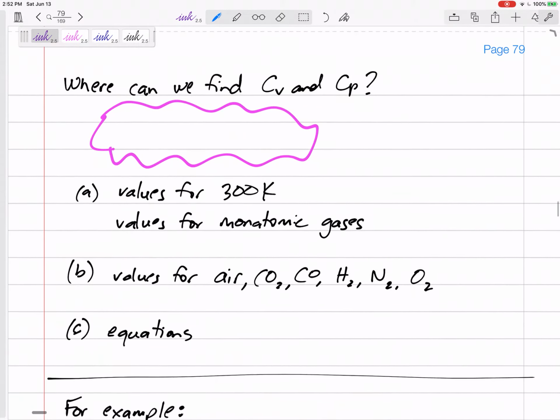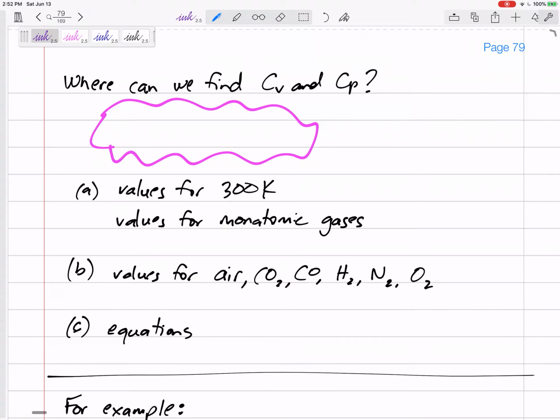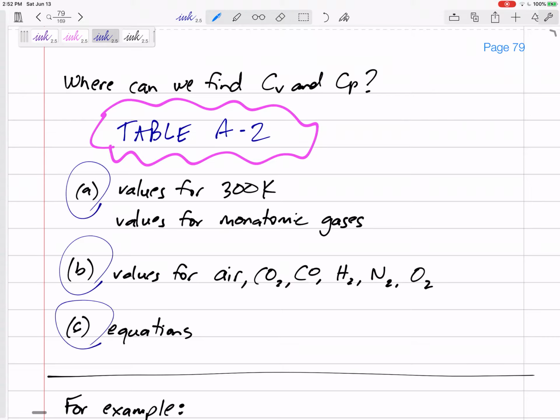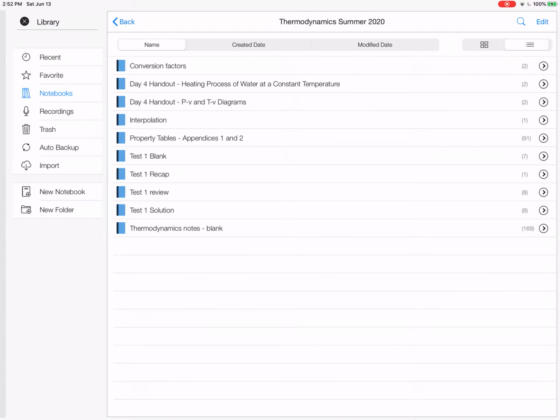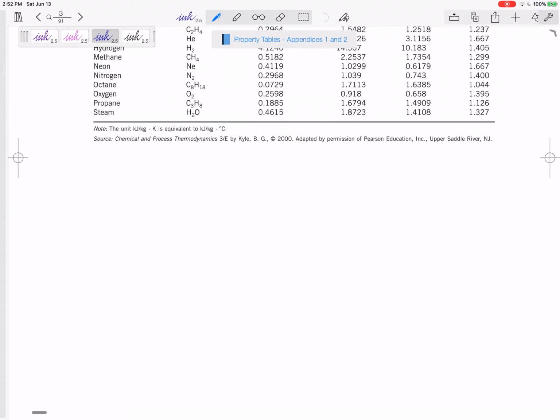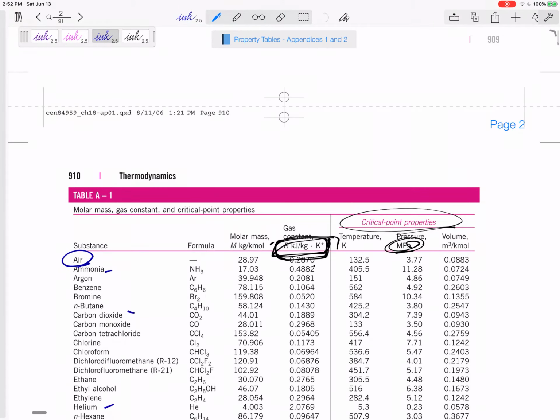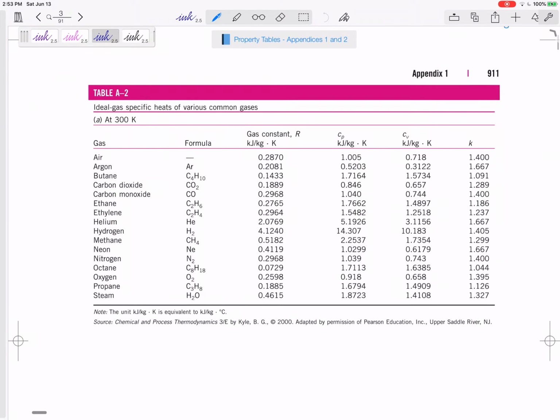So, where can we find these CVs or CPs? Table A2. We haven't used this table much yet, so now we're going to use it. Table A2 has three sections, A2A, A2B, A2C. So let's go to our property tables. There's table A1, and now we're going to table A2.